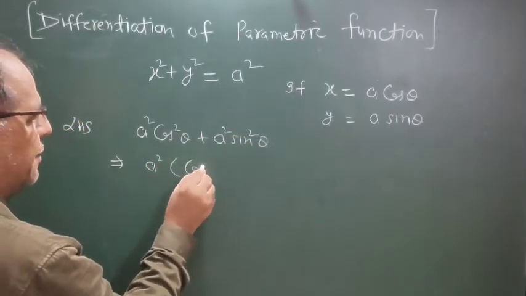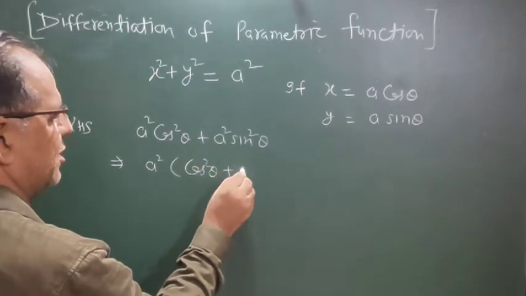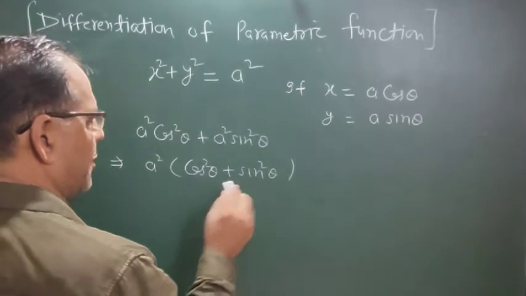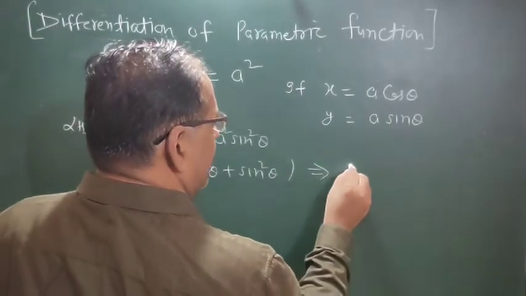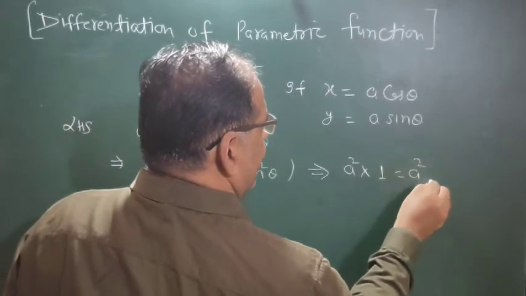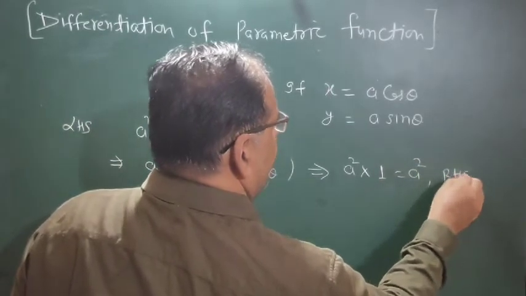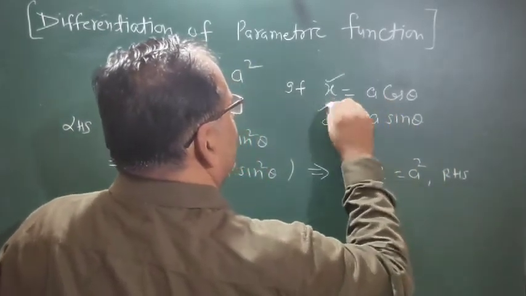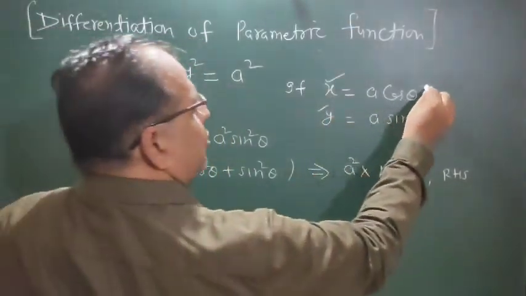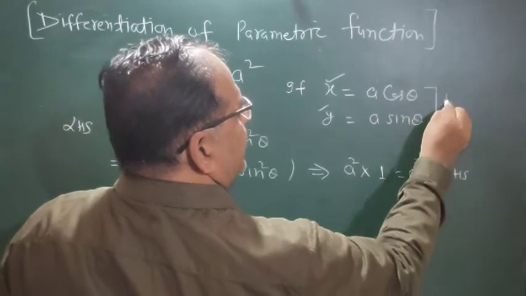Now we have inside the bracket cos square theta plus sin square theta. Using the trigonometric identity, this value becomes 1. So a square into 1 is a square, and this is our right hand side. This means these values of x and y satisfy the given equation. So these equations are called parametric equations.